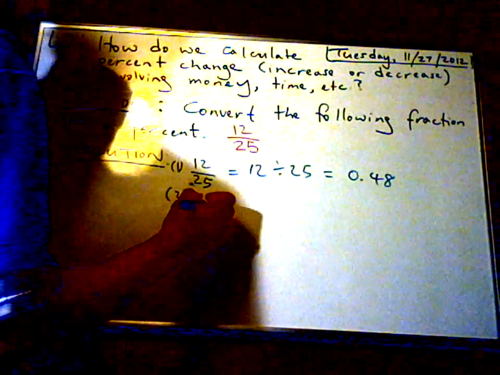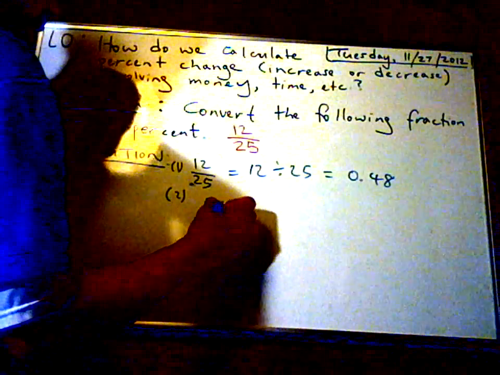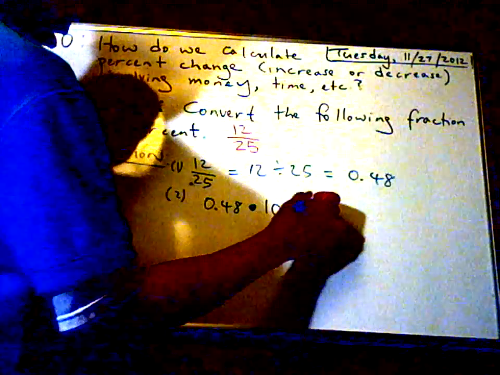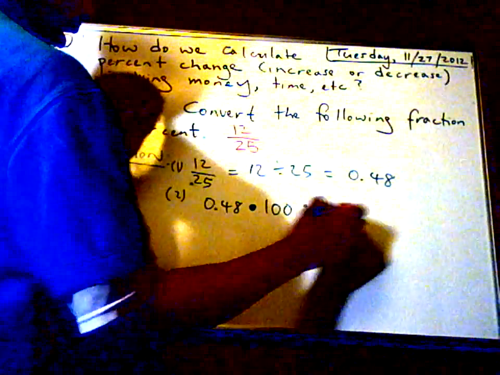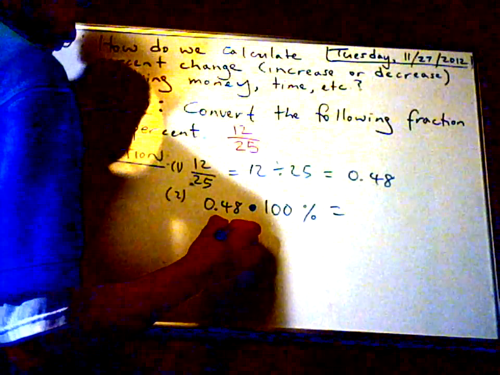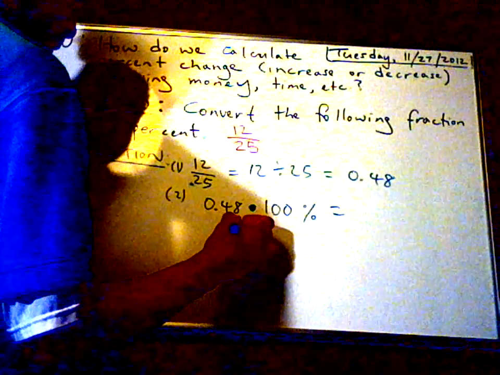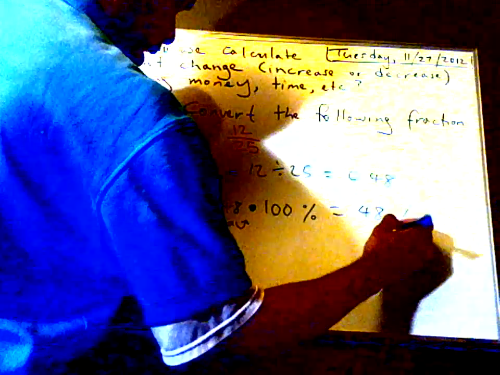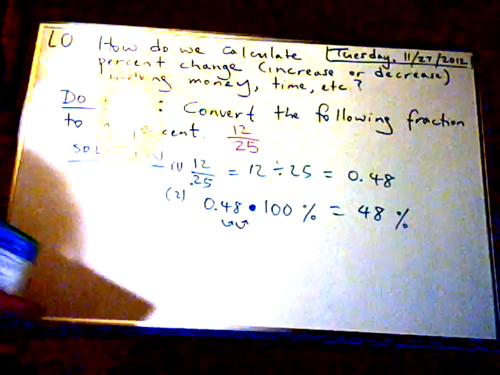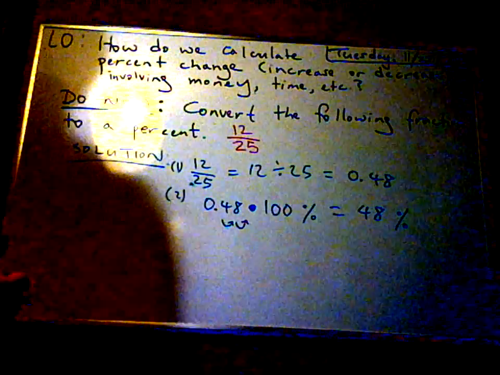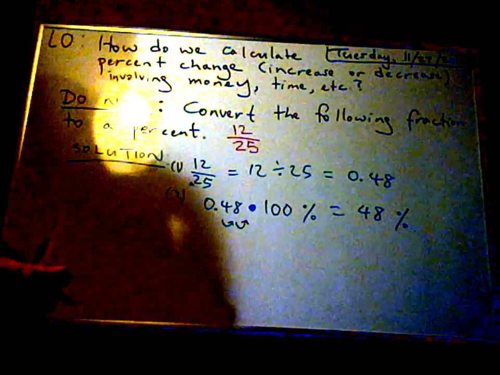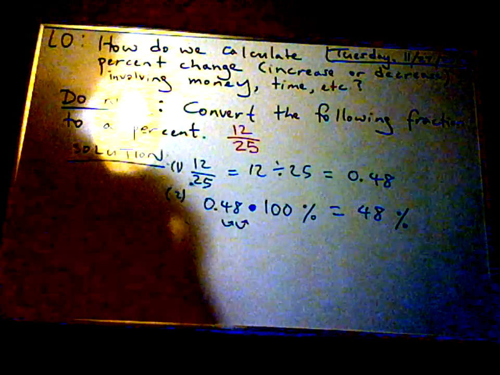And then step two, you take 0.48 and you multiply it by 100%. Or in other words, you can move the decimal point 2 places and you just end up getting 48%. Again, if you're converting from a decimal to a percent, you multiply by 100%.